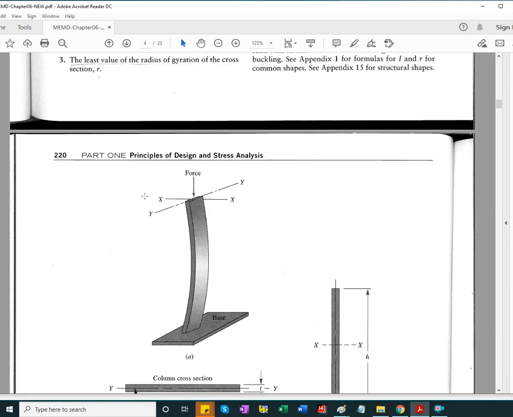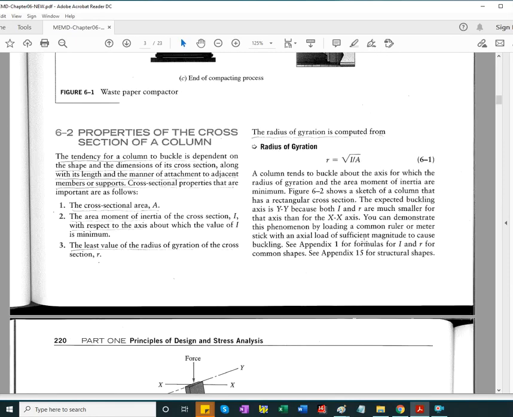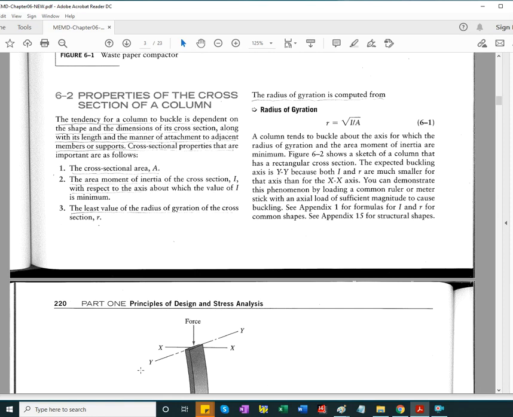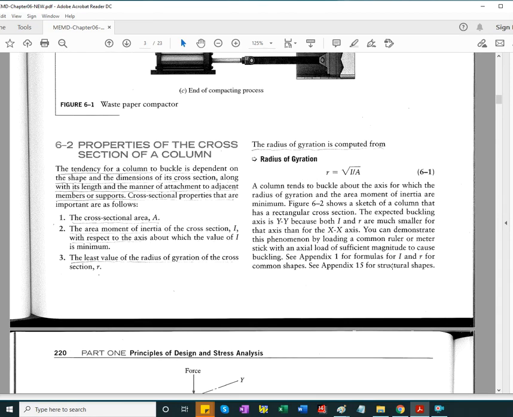Specifically, we're going to use what is called radius of gyration. It's the square root of the moment of inertia about the respective axis transverse to the buckling plane, divided by the area of the cross section.